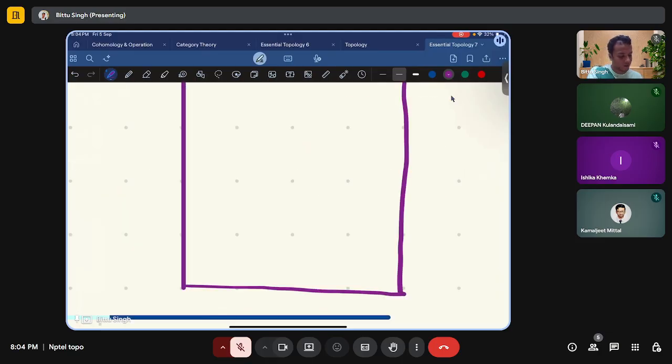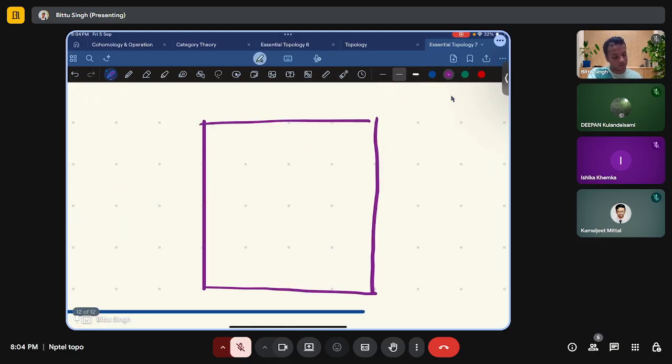For the finite case, it is easy to see that you can always give an ordering like this. This point is bigger than this one. On the right hand side, it gets bigger.